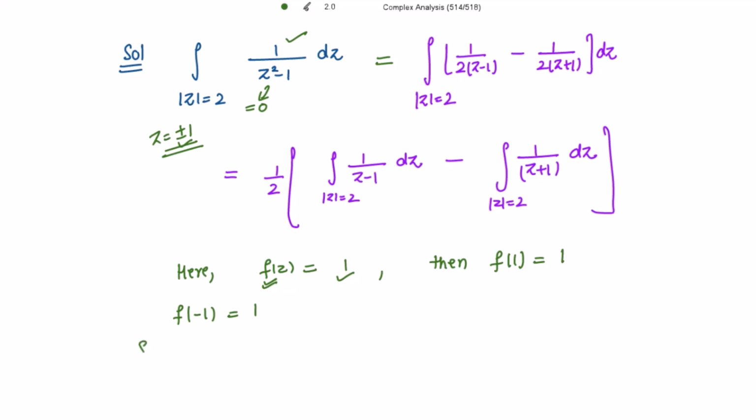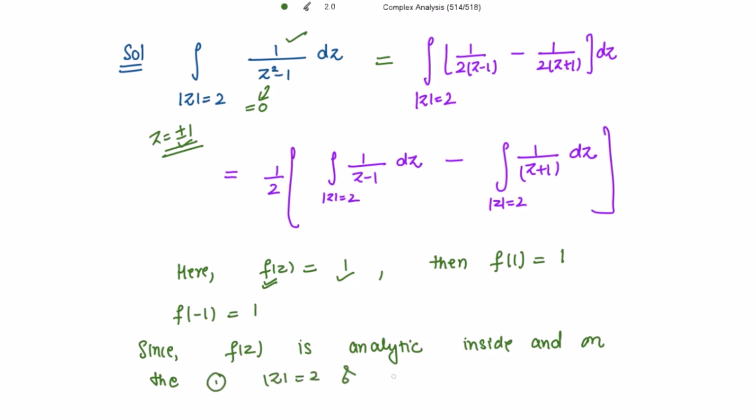So writing this, since it is important to write: f(z) is analytic inside and on the circle |z| = 2 and the points z = plus minus 1 also lie inside the circle. This is the condition to use Cauchy's integral formula.